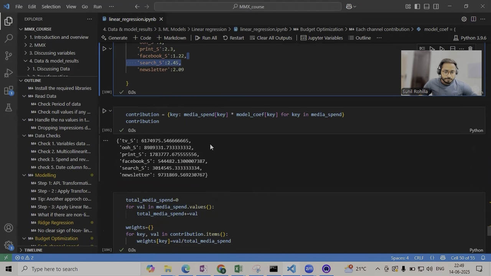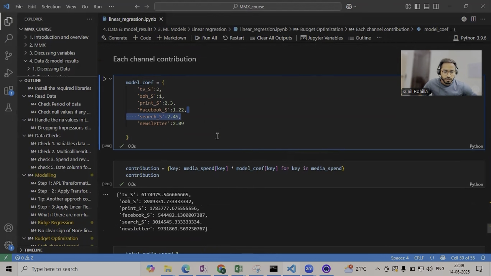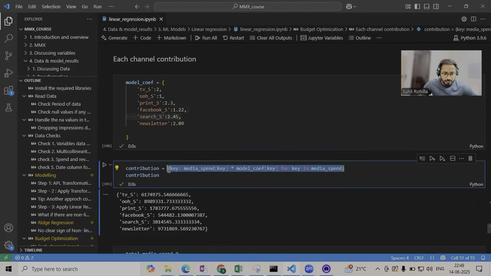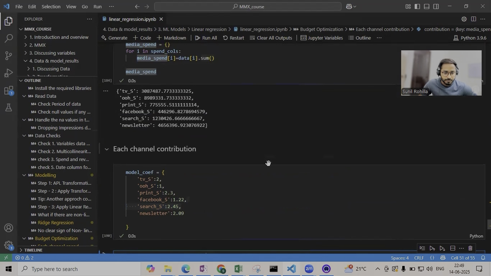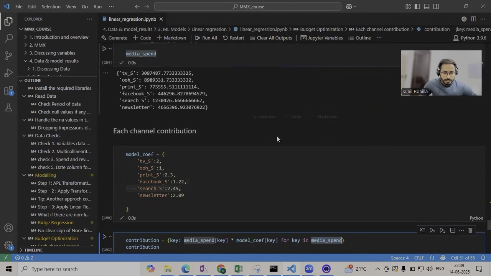Right. So now, if I were to find out the contribution for each of the channels, let's first see the calculation here. What I'm doing here is this is the media spend. This is the dictionary, right?